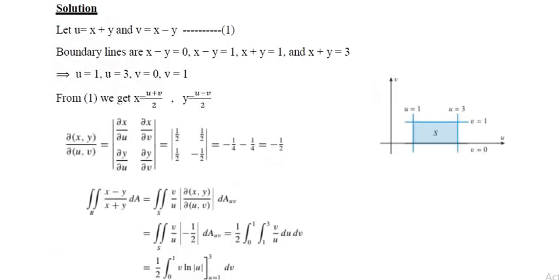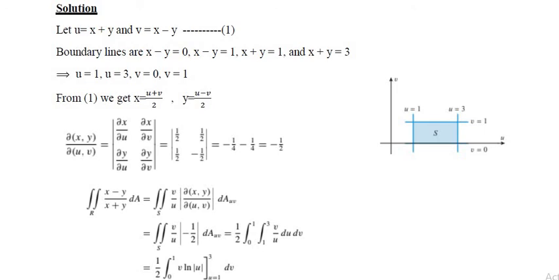Now suppose u is equal to x plus y and v is equal to x minus y. What are our boundary lines? x minus y equal to 0 means v is equal to 0. x minus y equal to 1 means v is equal to 1. x plus y equal to 1 means u is equal to 1. x plus y equal to 3 means u is equal to 3.